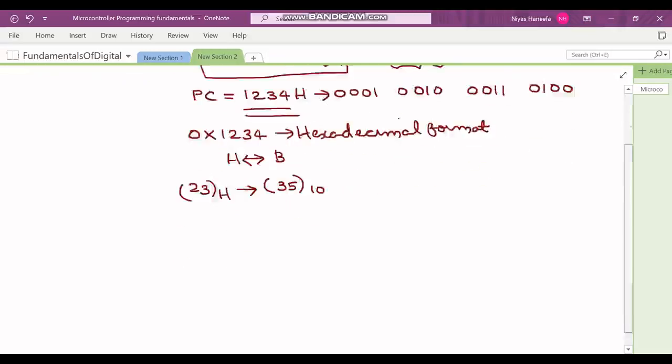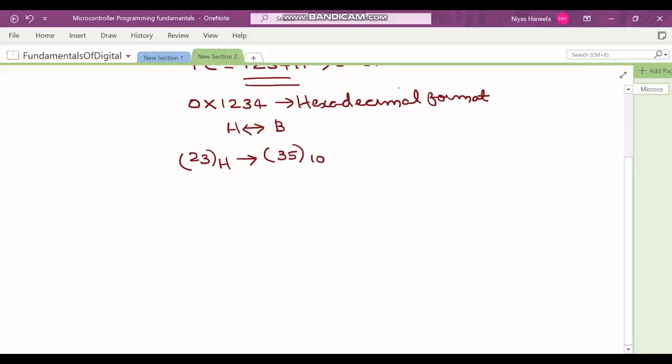Why I am telling this is, suppose there is an example. If you want to add two numbers, 45 in hexadecimal plus 67 in hexadecimal, and you want to find the equivalent hexadecimal value, the answer is actually AC in hexadecimal. How did I get that AC? 7 plus 5 is 12.